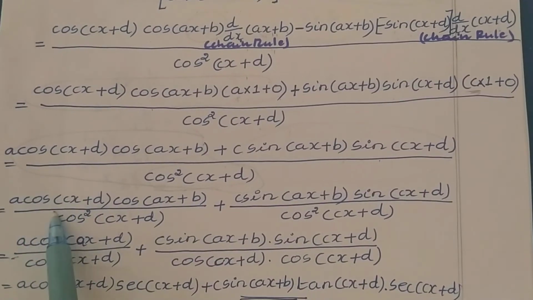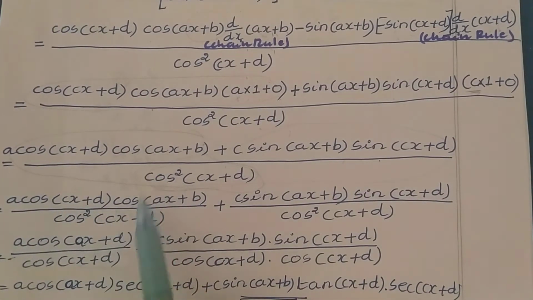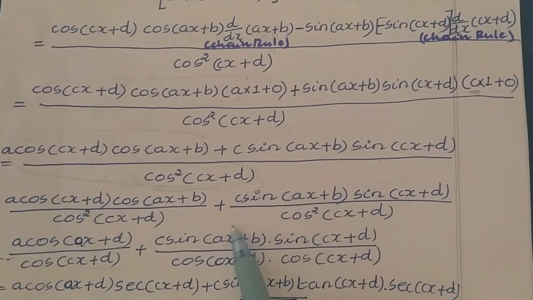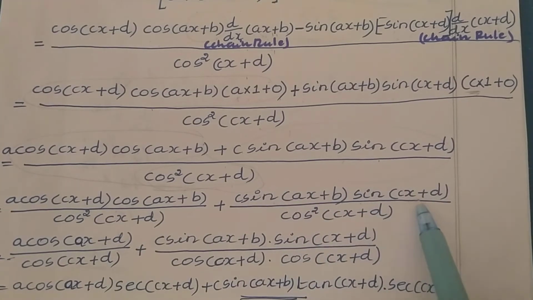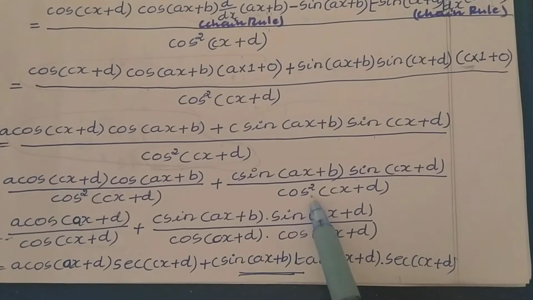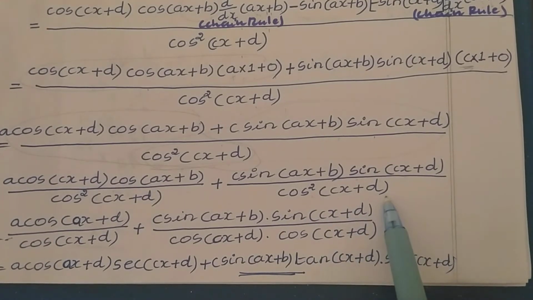So we have here cos(cx+d) into cos(ax+b) divided by cos square (cx+d), plus c sin(ax+b) into sin(cx+d) divided by cos square (cx+d).